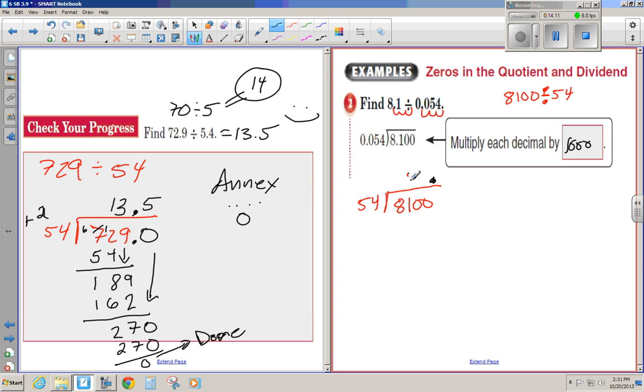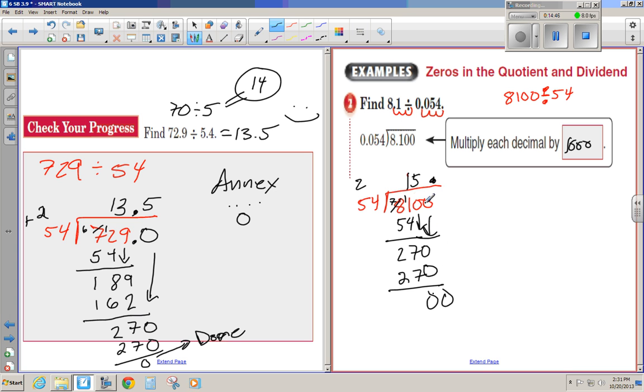Line up the decimal. 54 goes into 81 once. 1 times 4 is 4. 1 times 5 is 5. 11, that's 7. 27. Well, I'm going to guess 5 because 5 times 5 is 25. So 5 times 4 is 20. Carry the 2. 25 plus 2 is 27. 0. 0.